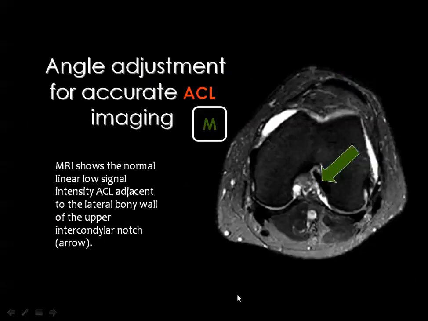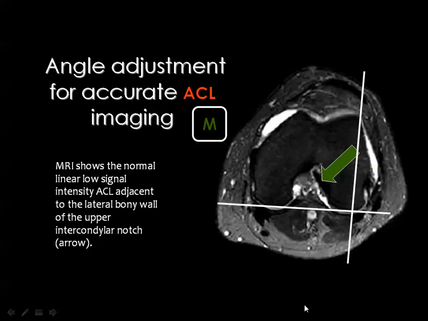Then how to select the right angle for ACL, or for sagittal sections, in order to be sure that you will show the anterior cruciate ligament if it is present? You go to the axial images and you draw a line tangential to the femoral condyles. Then you draw another line perpendicular to this one.